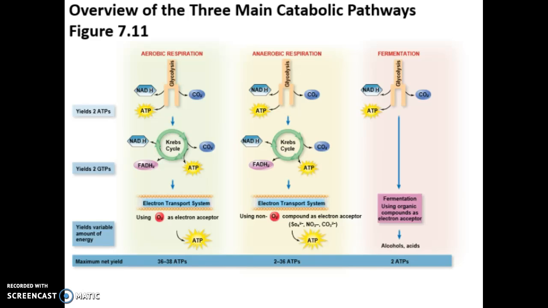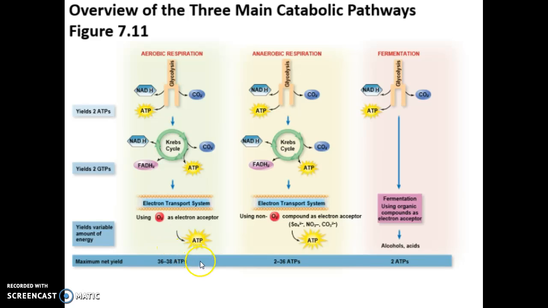And then aerobic and anaerobic respiration feed into the Krebs cycle, which feeds into the electron transport chain. And the difference here is whether or not oxygen is available. If oxygen is available, then it's aerobic respiration. And at the very bottom, right, you have the electron transport system, and it's going to use oxygen as the electron acceptor.